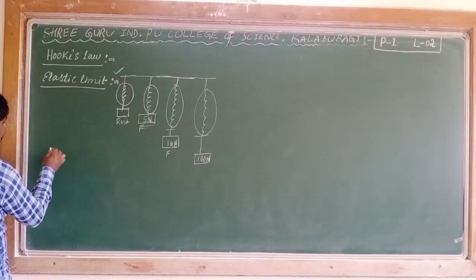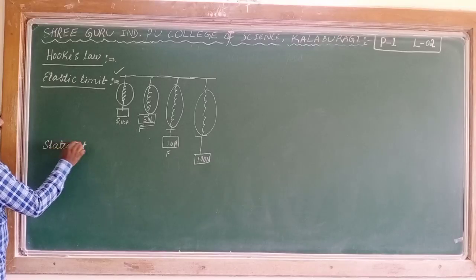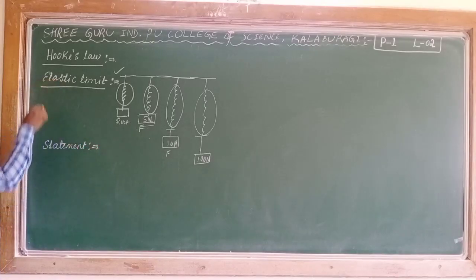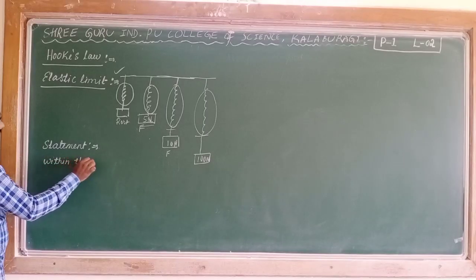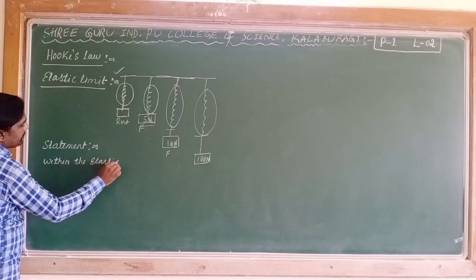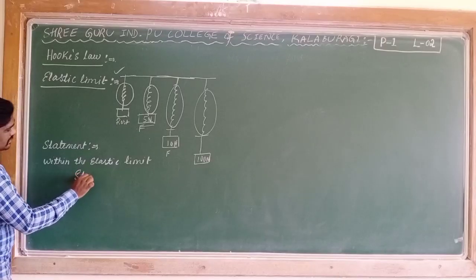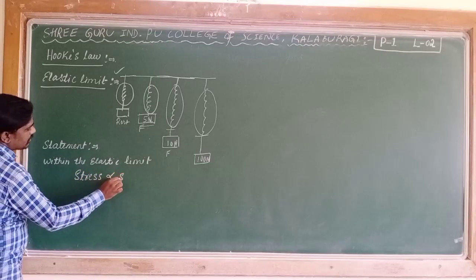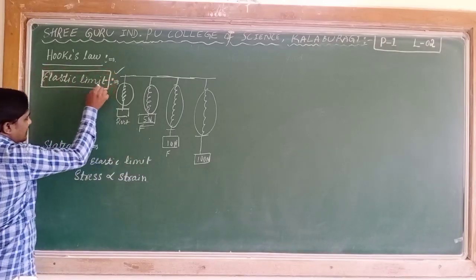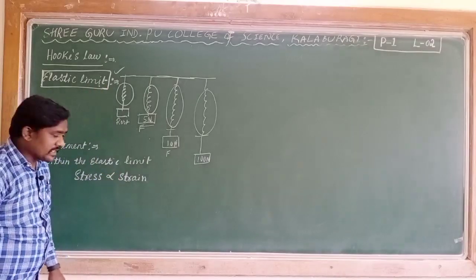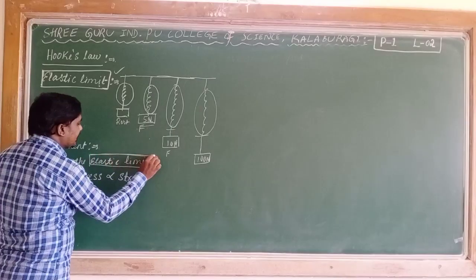But the statement of Hooke's law is, within the elastic limit, stress is directly proportional to strain. Within this limit, stress is directly proportional to strain. Beyond this limit, Hooke's law is not applicable.